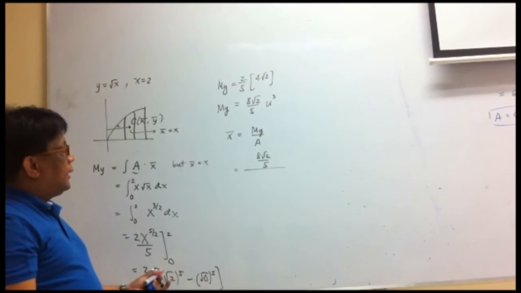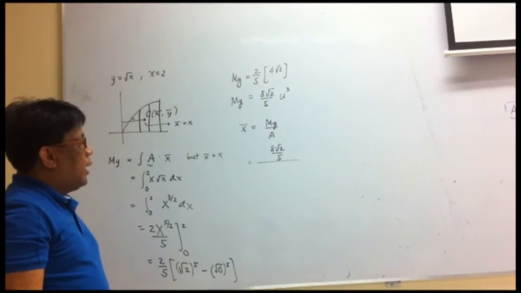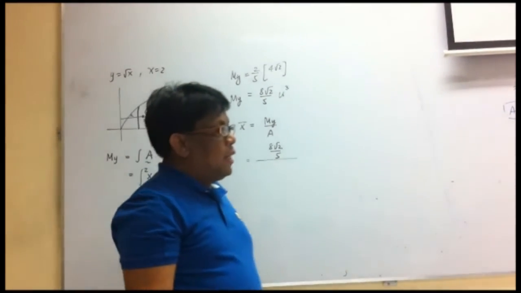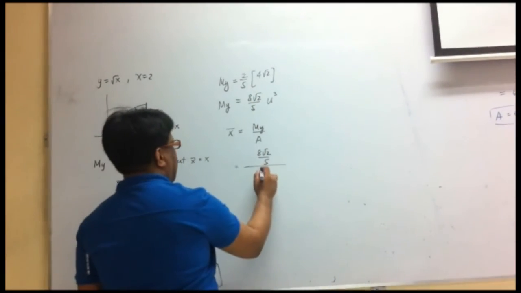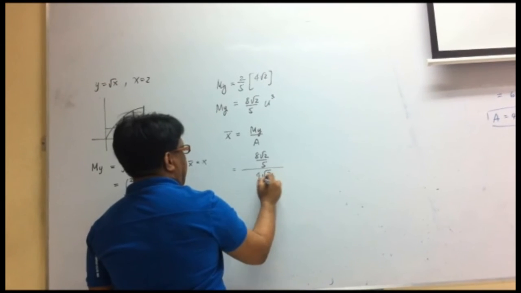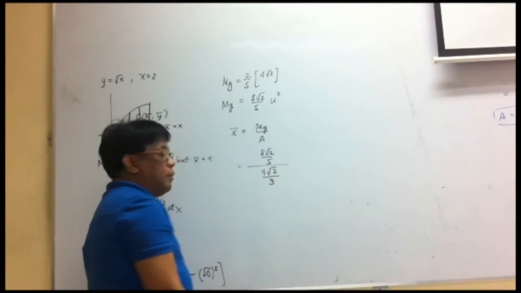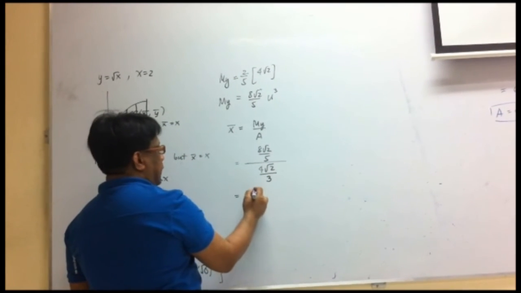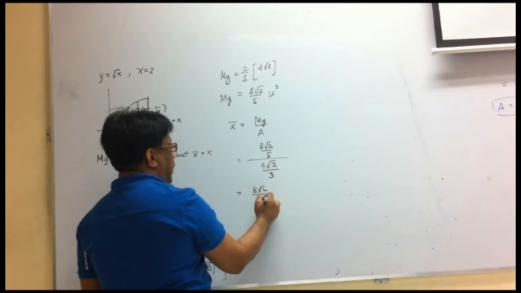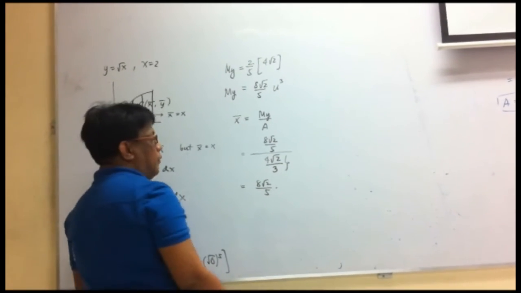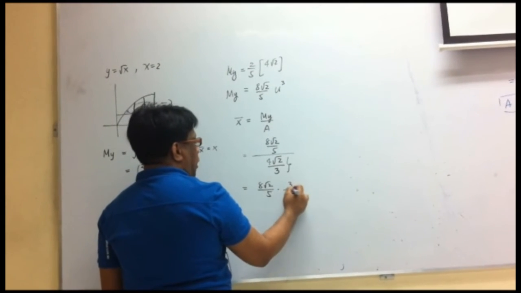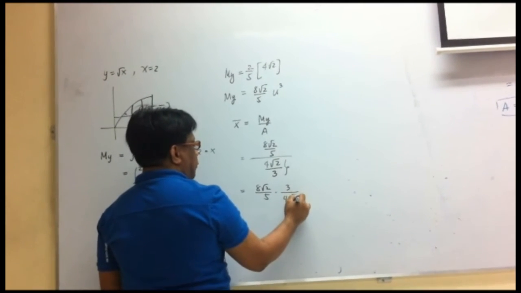What about the area a while ago? We have it as 4 square root of 2 over 3. So let us simplify. You have 8 square root of 2 over 5 multiplied by the reciprocal, 3 all over 4 square root of 2.